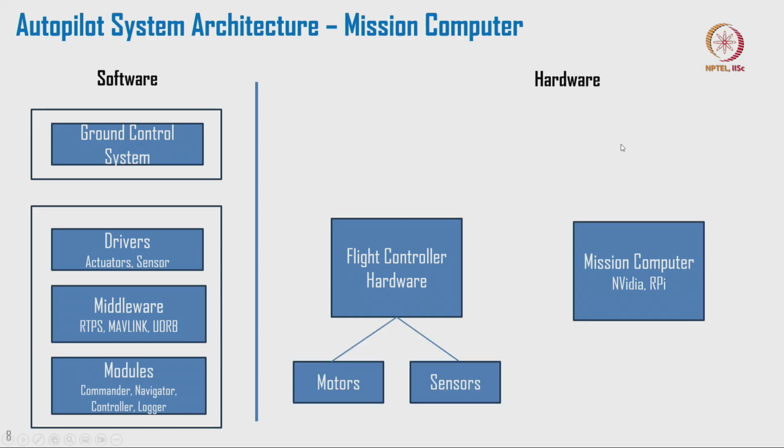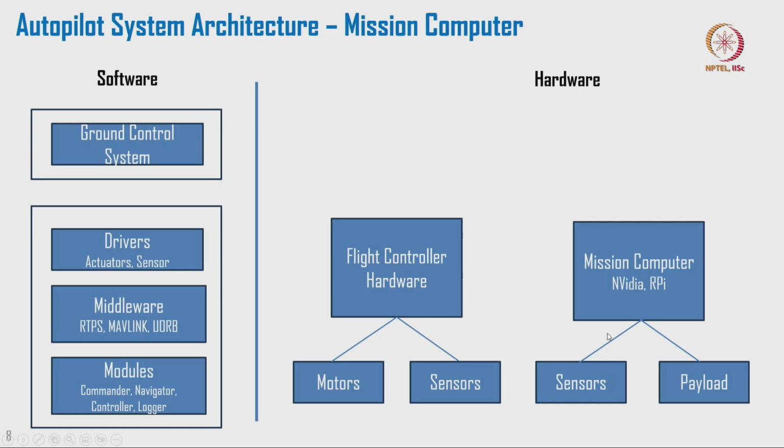Now we need to understand how they are connected to each other, right? My motor and sensor will be connected to my flight controller, right? You saw earlier the payload is also connected to the flight controller. Now the payload is not connected to the flight controller, payload is connected to my mission computer. The mission computer decides what to do with the payload, right? The mission computer has its own sensors.